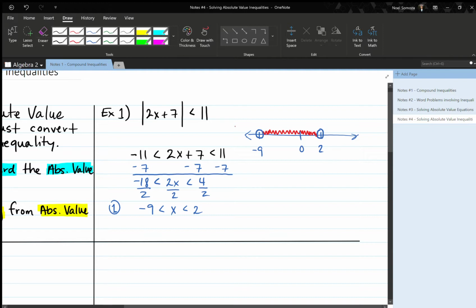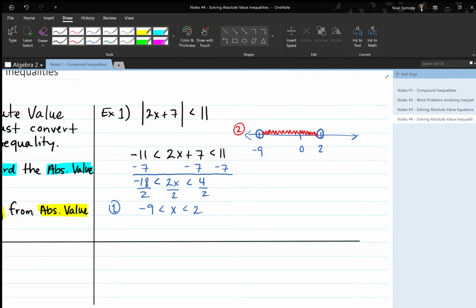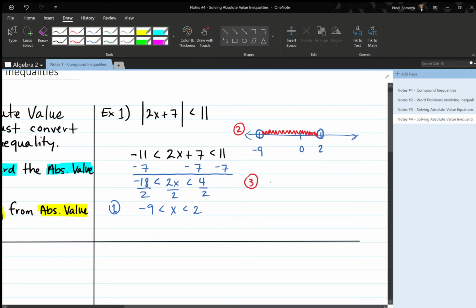This is number 2. What's this interval going to look like? At negative 9, I have an open circle, so what does it start with? It's a parenthesis. So for part 3 of your answer, we have a parenthesis, negative 9, comma 2, parenthesis or bracket? Parenthesis again. Okay, there it is. That's it.